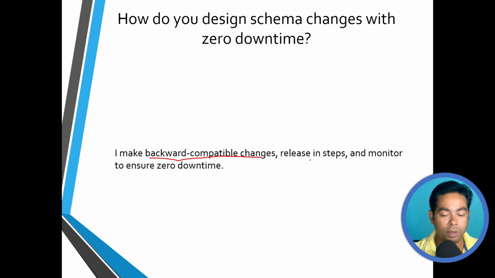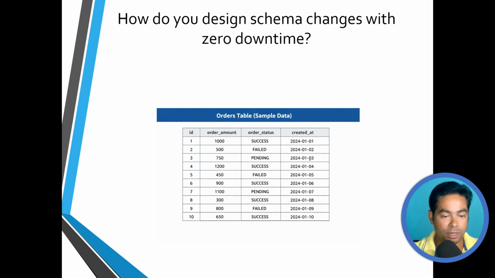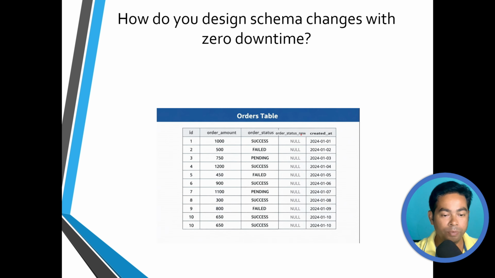Backward compatibility means, for example, there is a table called order table, and in it a column called order status, and you want to rename the column. You should not rename it directly in production. Instead, you add a new column called order status new, any name you can give, and initially set all values to null.